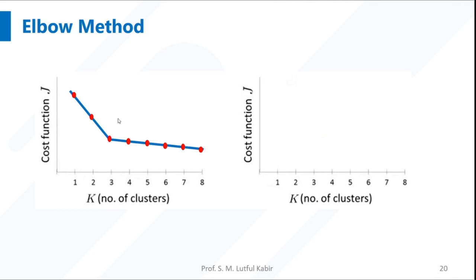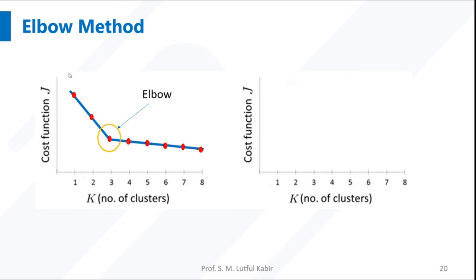So this point we can call the elbow. This is the point where you get a value which does not decrease much after that k value. That means if you increase the k, the cost does not decrease much. So that will be the optimum value, or the value of k that you should choose for your data points.